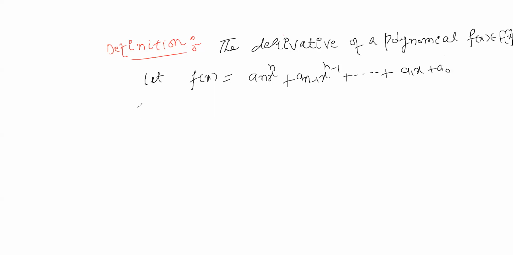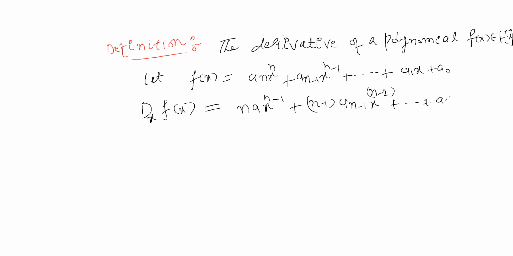I define the derivative of this polynomial and denote it by D_x f(x). I define it in this fashion: n a_n x to the n minus 1 plus (n-1) a_{n-1} x to the n minus 2 plus so on plus a_1. Okay, that is D_x f(x).